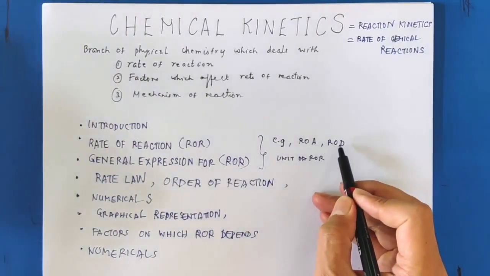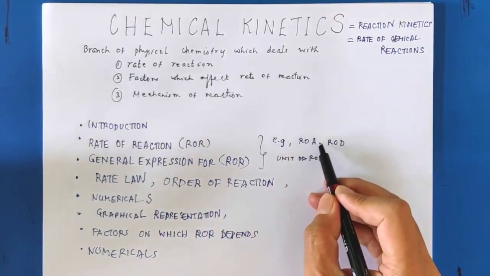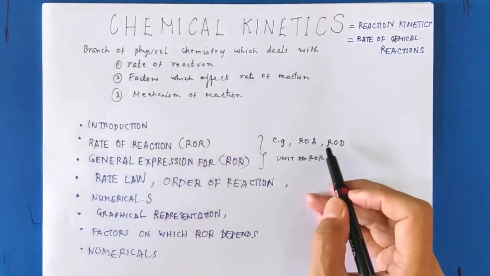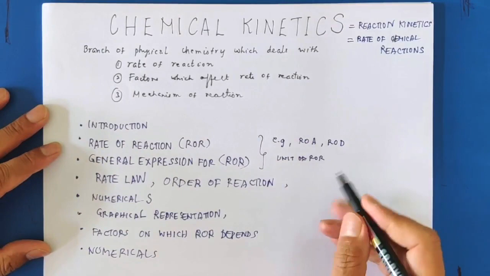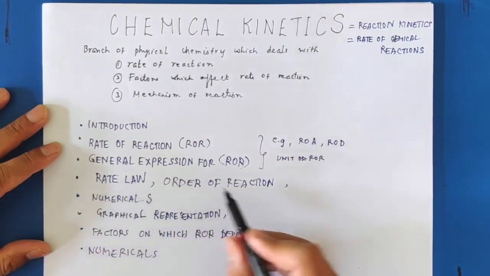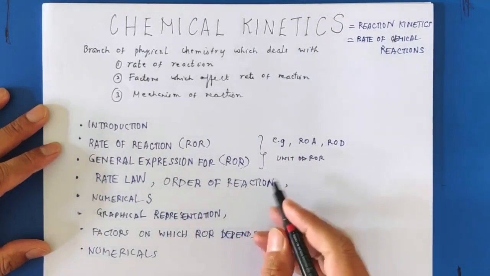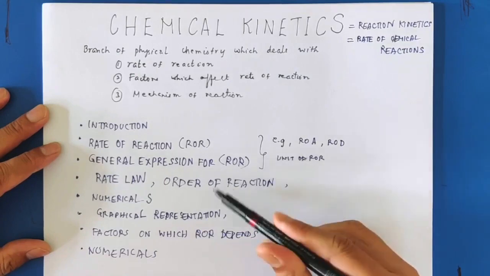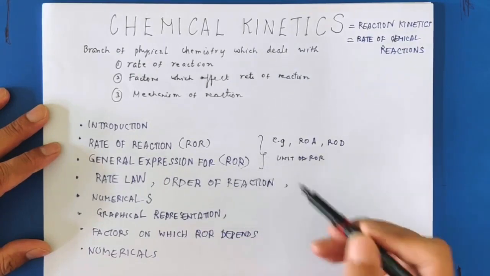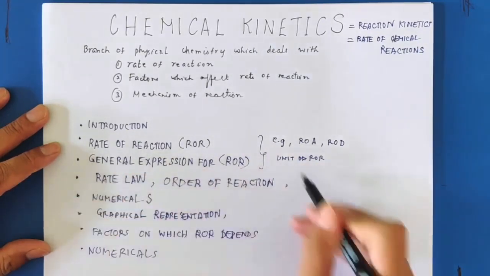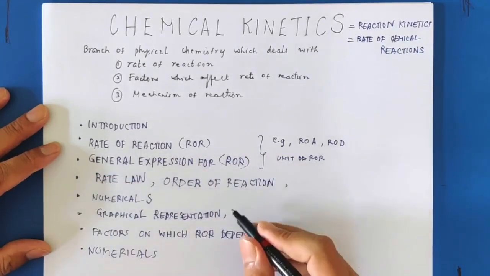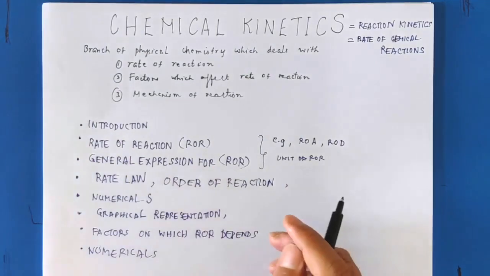For the product, the rate of appearance. Then the unit for the rate of reactions, the rate law definition, and the order of reactions: first order, second order, third order, with examples. There will be lots of numericals involved here, and graphical representation.